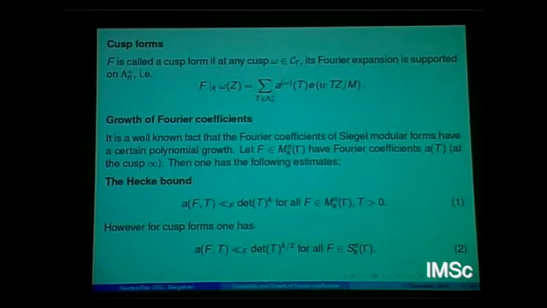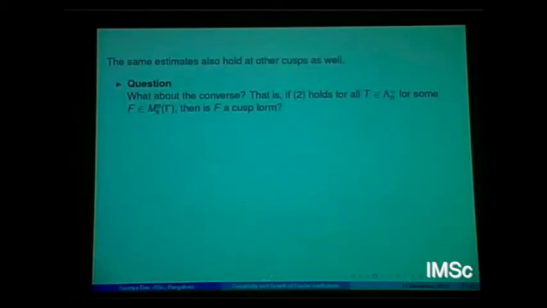So if a_f(T) is less than det T to the power k by 2 for some form on M_n^k(Γ), not necessarily a cusp form, then can you conclude from that whether it is a cusp form already? So that's the sort of converse of that inequality.